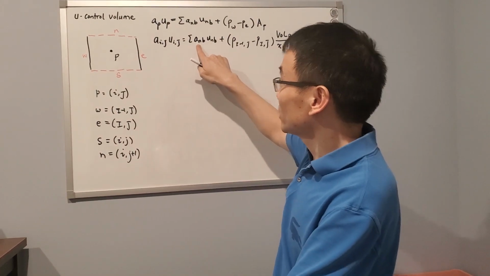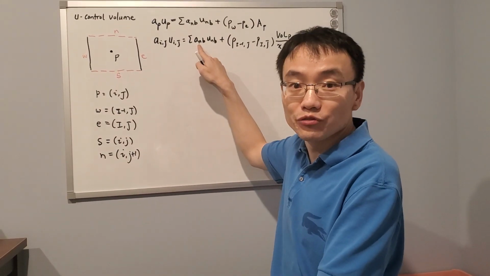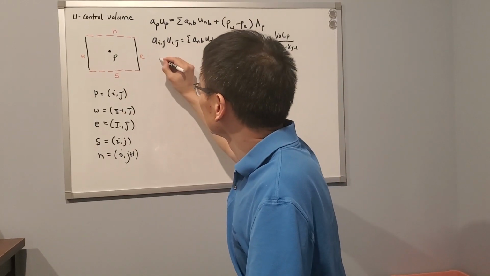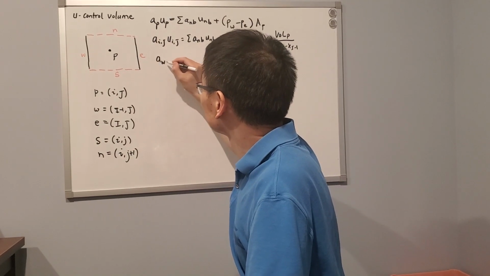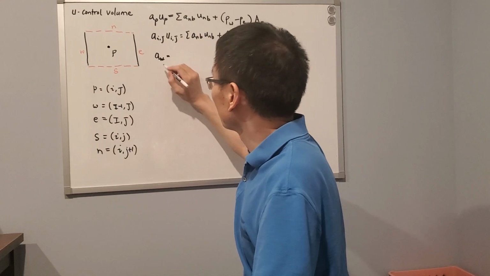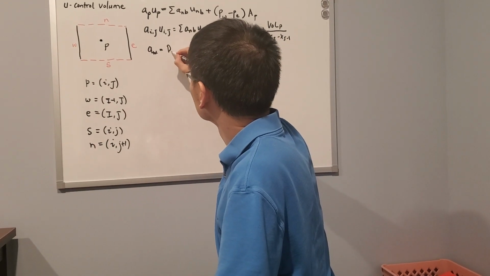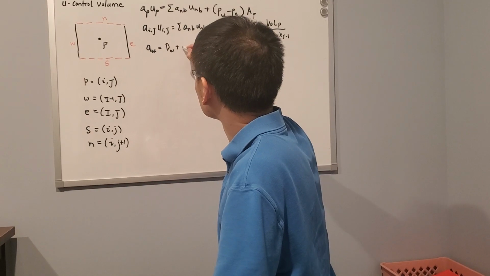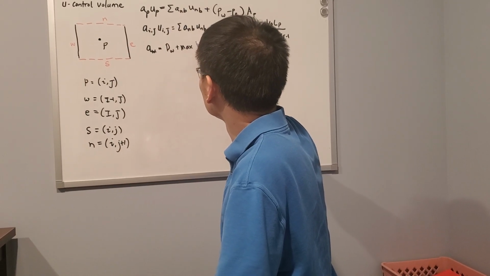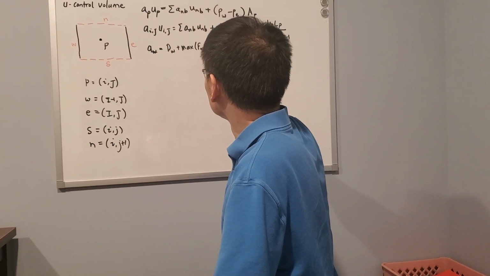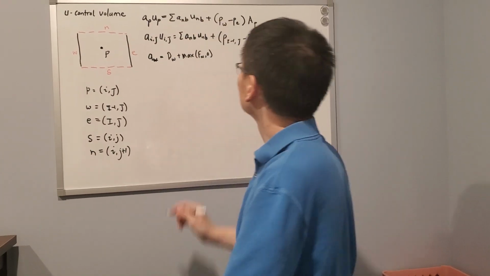Okay, let's try to define the A neighbor coefficients one by one. If we start with AW, capital W, that will be dW plus maximum of FW and 0.